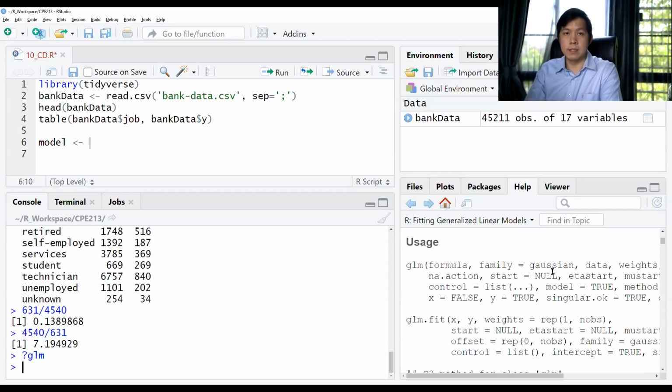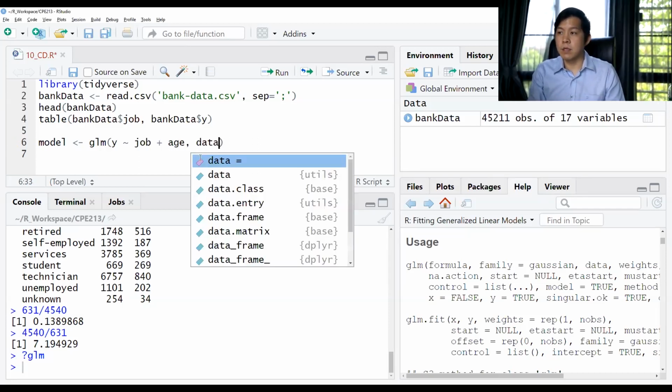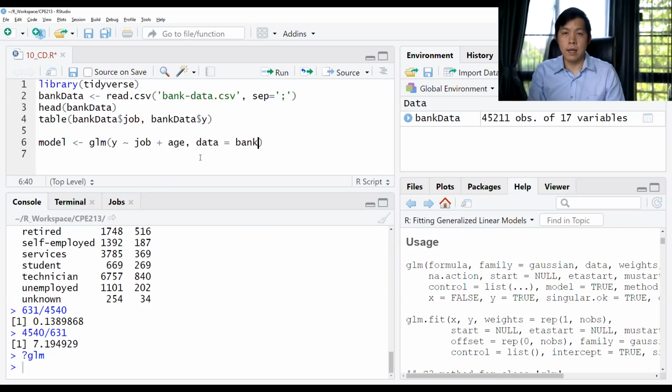Gaussian family means that you are creating linear regression, so we have to change that. For glm, you need a formula of the model you want to create. So we want to predict y tilde, using the variables job plus age, and the data would be the bank data that we have, and family would equal binomial.